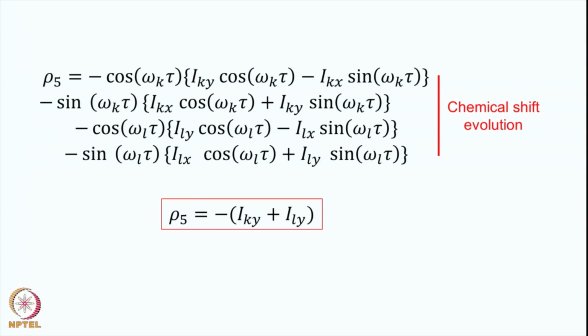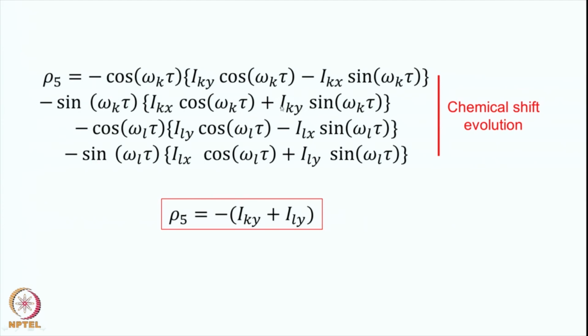Now, we notice what happens here. Rearrange the terms: this is minus cosine square omega k tau IKY, and the other IKY term is minus sin square omega k tau IKY.